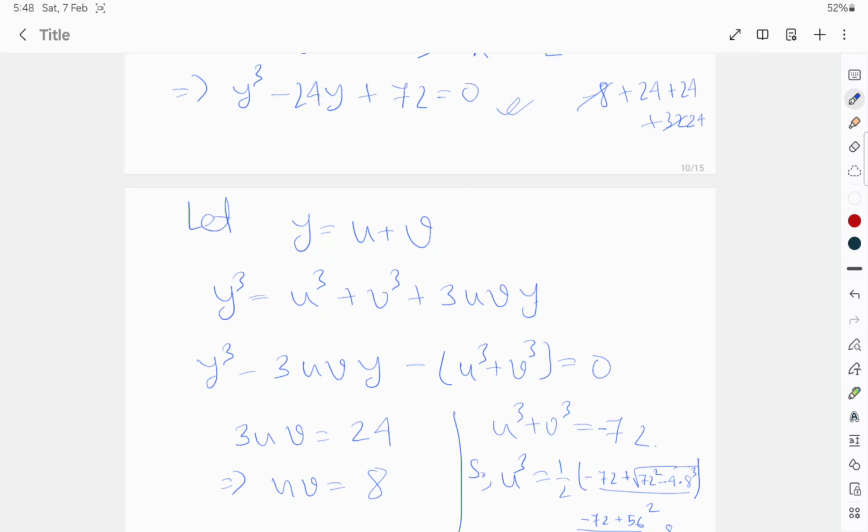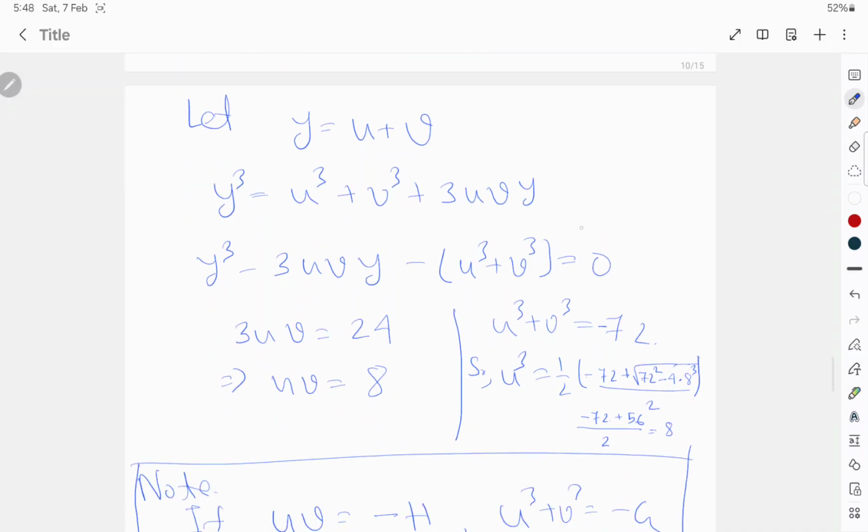what is your y cube? y cube will be u cube plus v cube plus 3uv into (u plus v), right? You know this formula. So in place of u plus v, you are writing y, right? If you take this to one side, you have y cube minus 3uv y minus (u cube plus v cube) is 0.